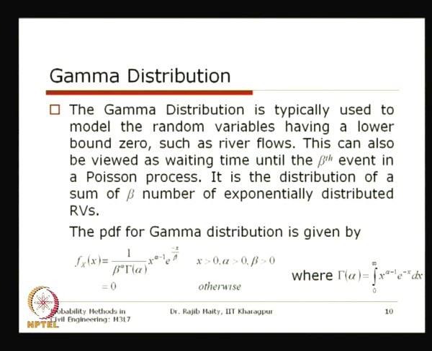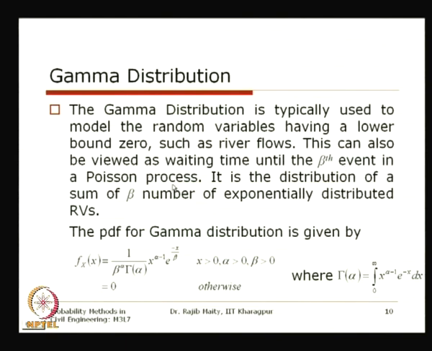So the gamma distribution also has a lower bound at 0. Generally, random variables having a lower bound at 0, such as river flows, can be modeled using this gamma distribution, and it can also be viewed as the waiting time until the beta-th event of a Poisson process.